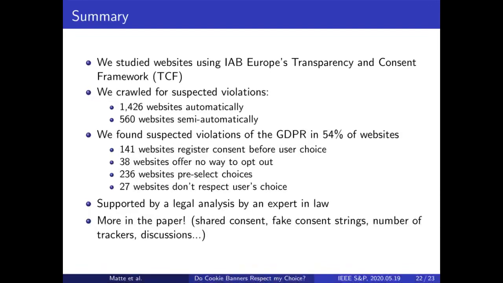First, we see that 141 websites register consent before user choice, 38 websites offer no way to opt out, 236 websites preselect choices, and 27 websites don't respect user choices. We back all these violation detections with a legal analysis. Of course, there is more in the paper, so I encourage you to read it.